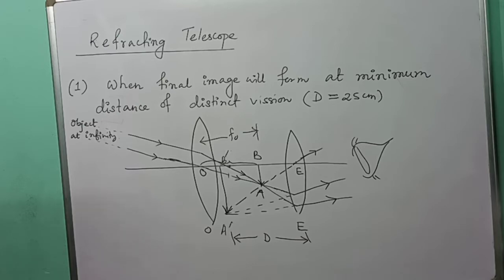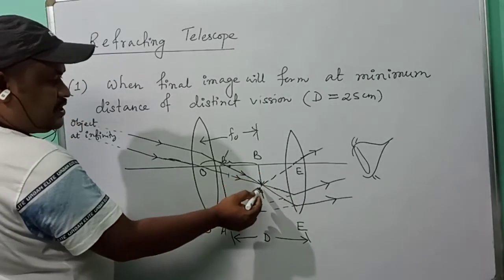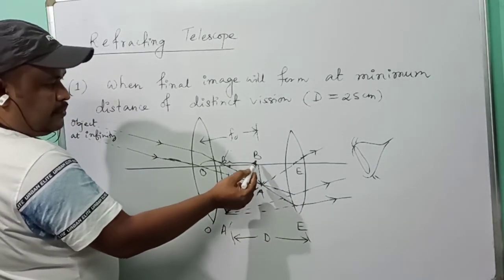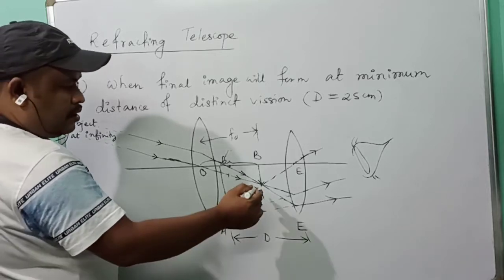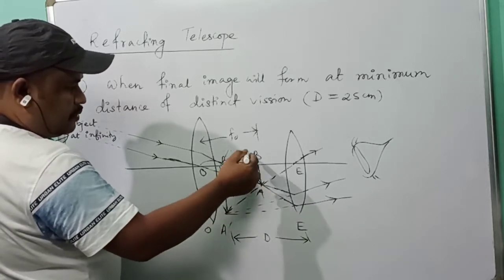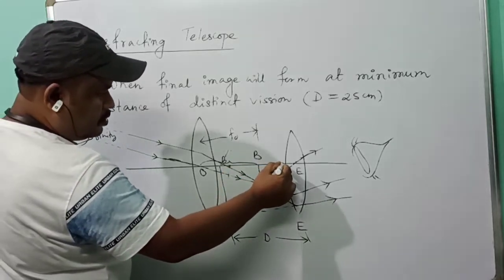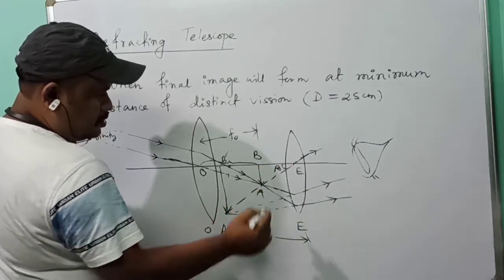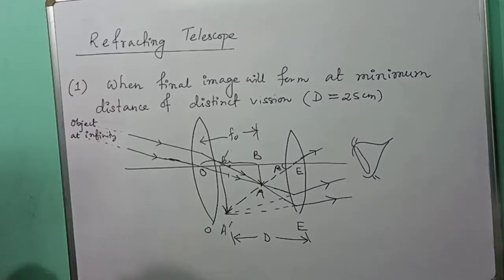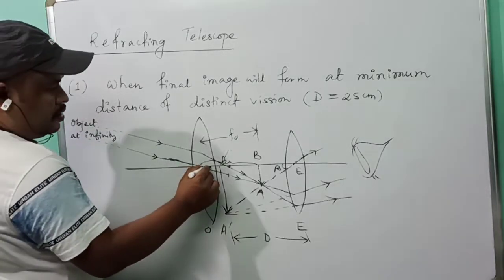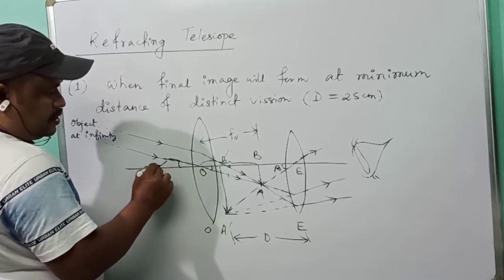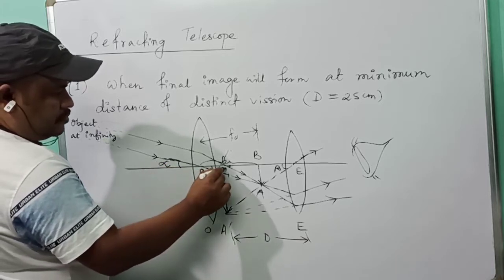Now see the first image of the objective lens, AB. It subtends an angle, suppose beta, at the eyepiece lens, and the angle subtended at the objective lens, suppose, is alpha.